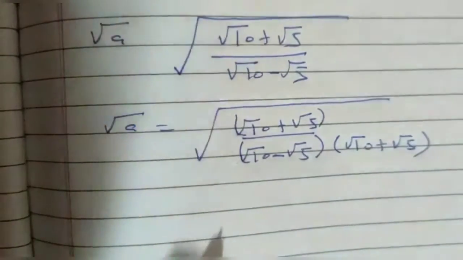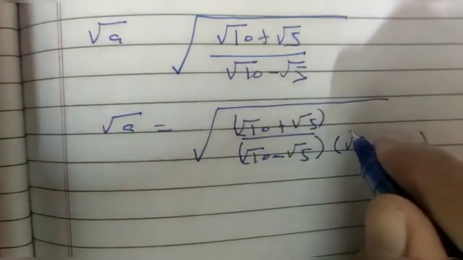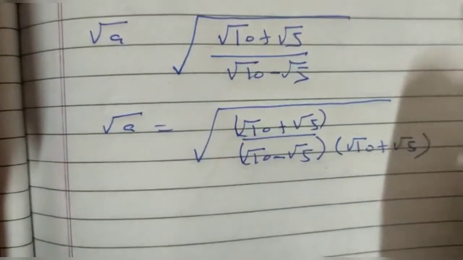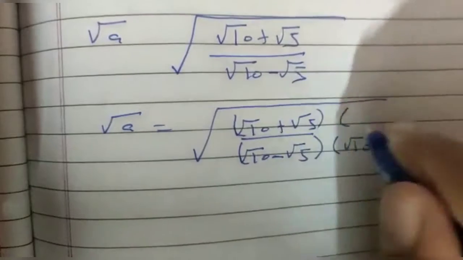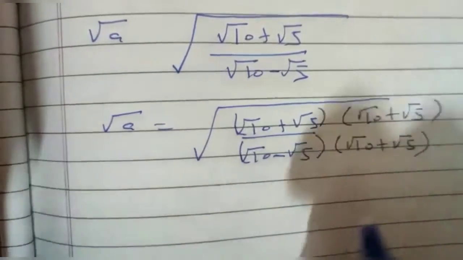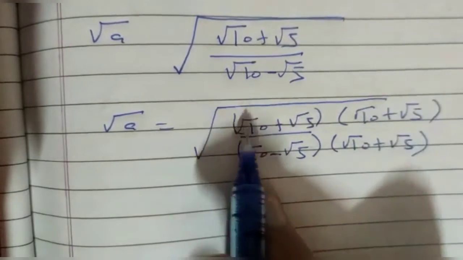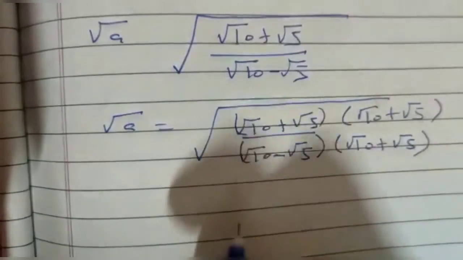But if I multiply it just in the denominator, the value would change. So that the whole value remains the same, I need to multiply it with the numerator also. Whenever we multiply the same number with the numerator and denominator, the value does not change.